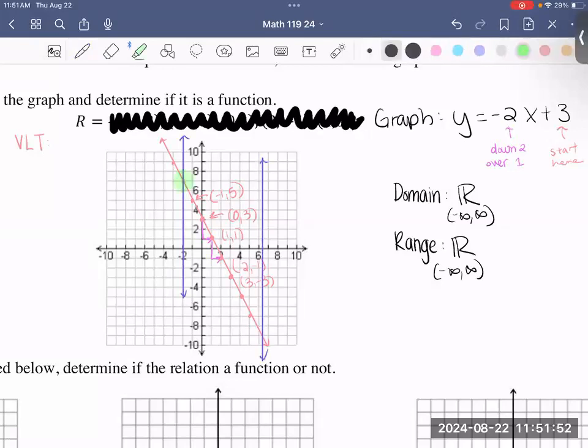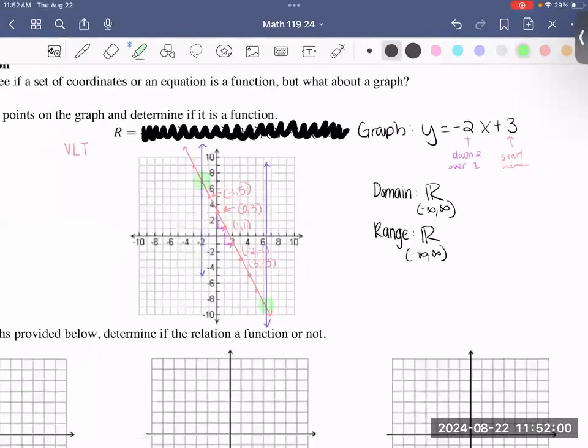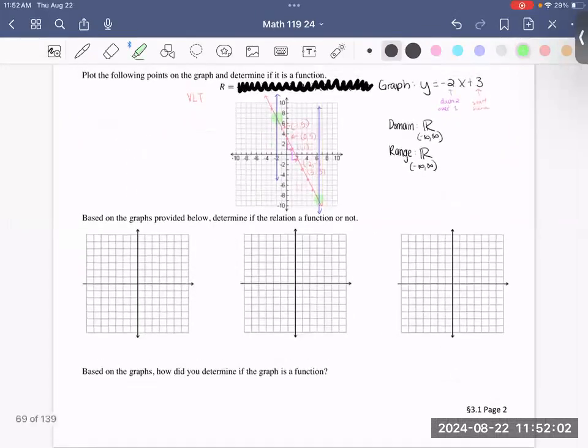And wherever it meets your graph, if it touches your graph once, then that is considered a function. So that being said, and don't worry, there's an explanation for it on our next page. So don't feel like you have to write all of that down. So I'm going to draw a series of graphs, and just based off that vertical line test, can you determine whether or not we have a function?